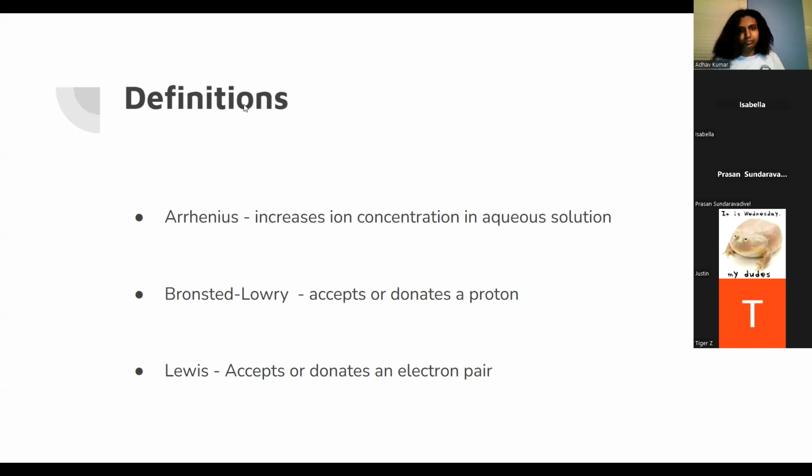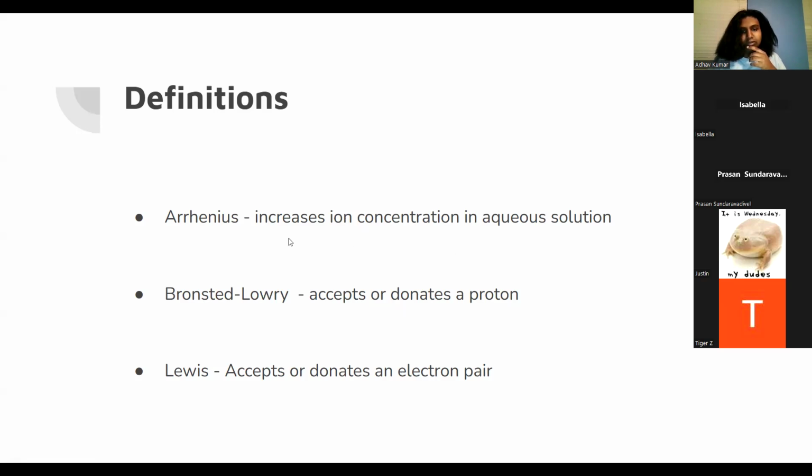You're going to be seeing all three of these, and you should definitely know all three of them, but you'll probably see Bronsted-Lowry the most. Lewis acids and bases are a lot more complicated, and we probably won't deal with them too much. Mostly it will be about these two.